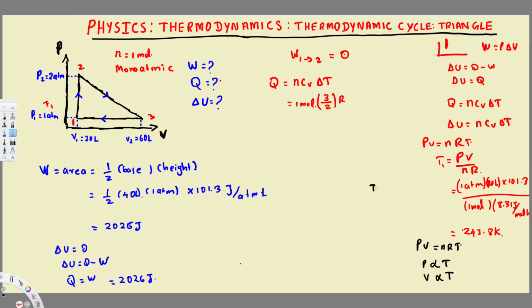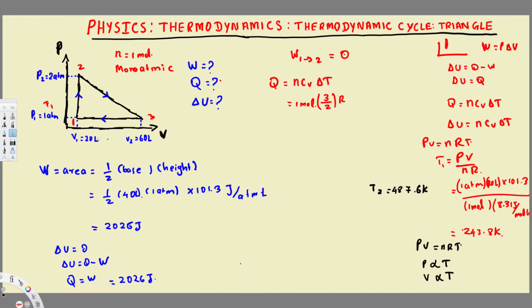So if you calculate this one, T2 is going to be 487.6 Kelvin, right? So this is for T2, and later you may need T3 because when we go to this process, we need T3. To calculate T3, if you look at the volume right here, pressure is constant, pressure doesn't change, but volume is changing.